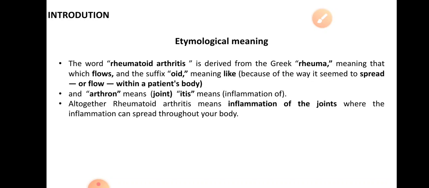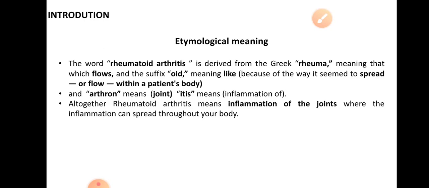So moving on to the etymological meaning. The word rheumatoid arthritis is derived from the Greek word rheuma, meaning that which flows, and the suffix oid meaning like, because of the way it seems to spread or flow within a patient's body. This disease has the capacity to spread through the entire body.